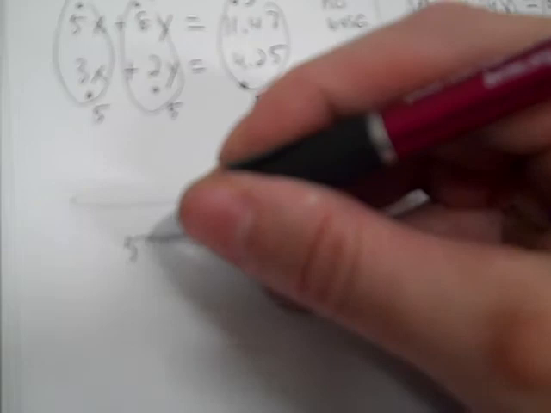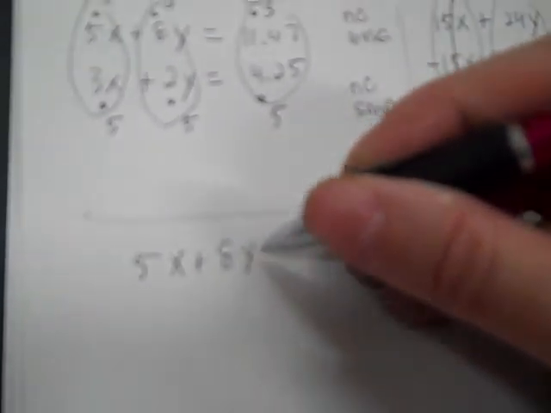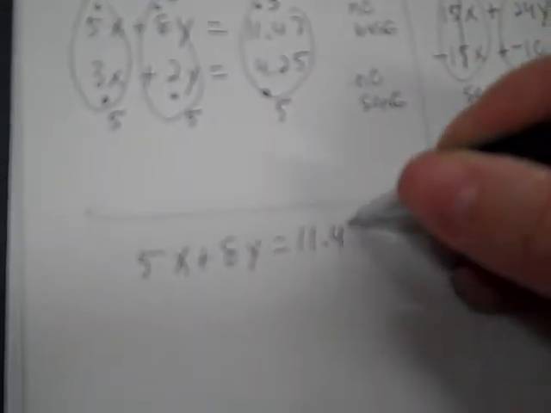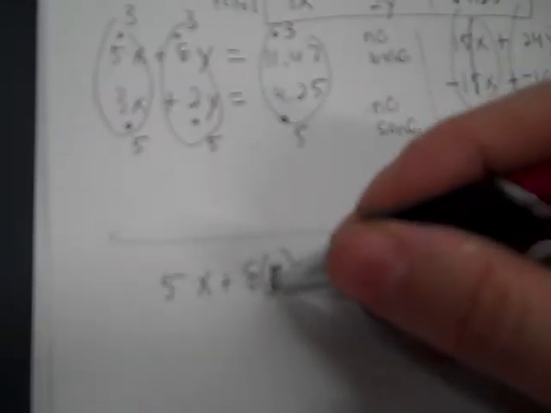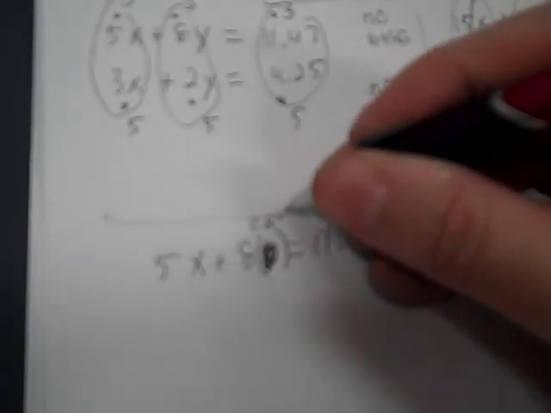Okay, now let's find the other answer for x. I'm going to take this top equation, 5x plus 8y equals 11.47. Just write that down. And since I already have the answer for y, I parenthesize it, I scribble it out, and replace it with 0.94.